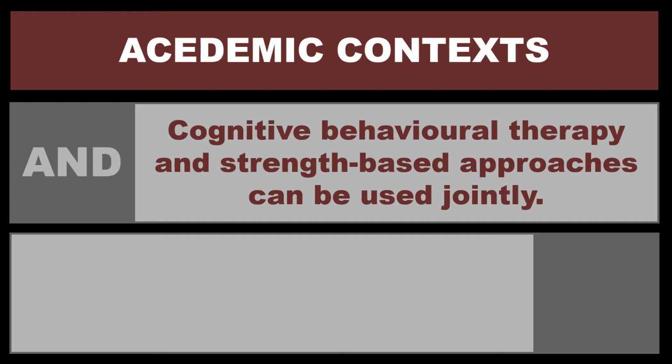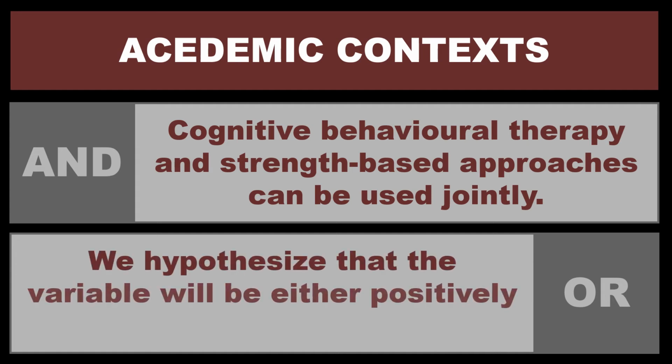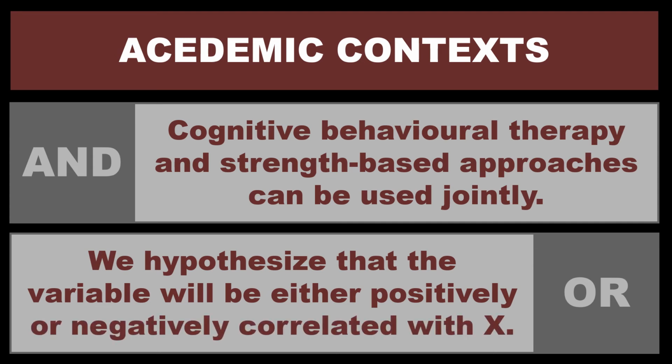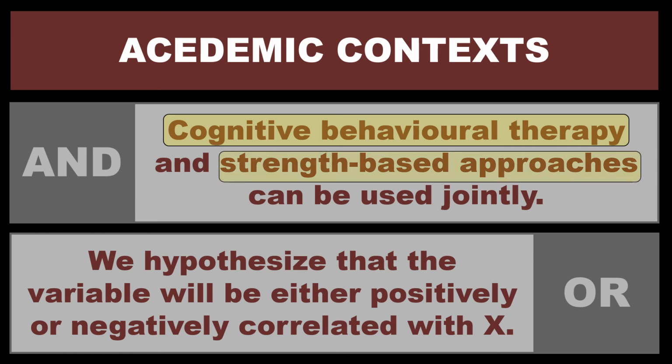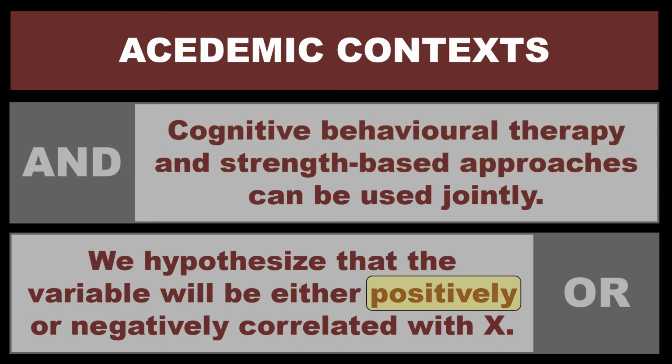When we're showing alternative possibilities, we might write, we hypothesize that the variable will either be positively or negatively correlated with X. Now, when we're joining them, a social worker, for example, might see that cognitive behavioral therapy and strength-based approaches can be used jointly at the same time in conjunction with each other. However, when we're talking about our hypothesis, we're talking about one of two potential outcomes. It's either going to be positively correlated or negatively correlated with the phenomenon in question.